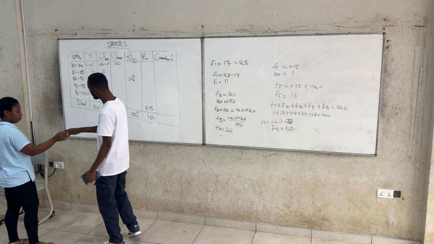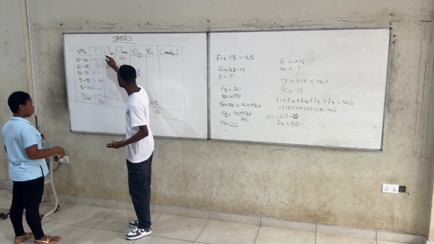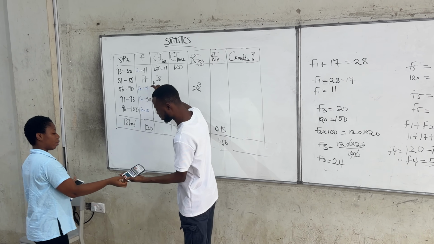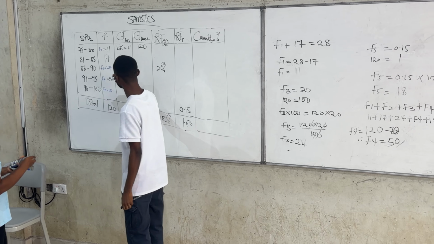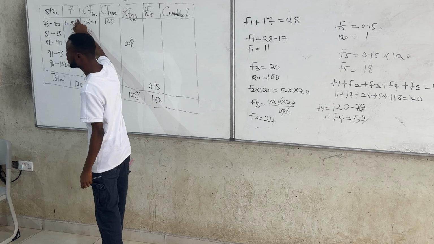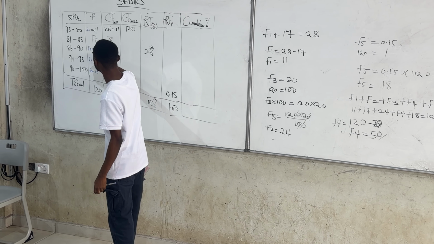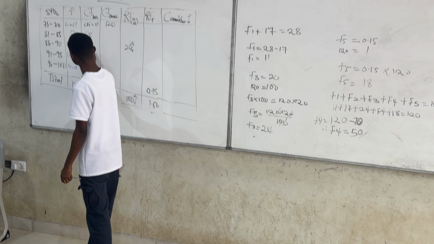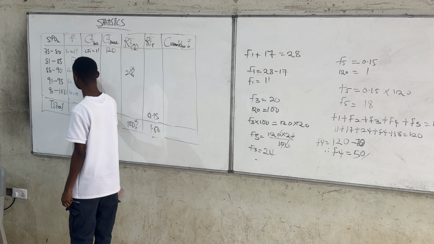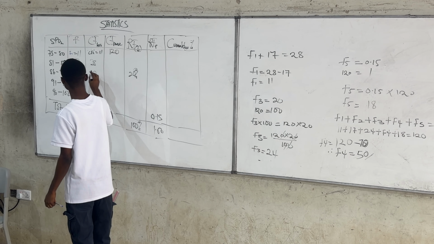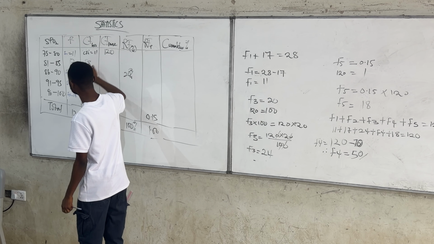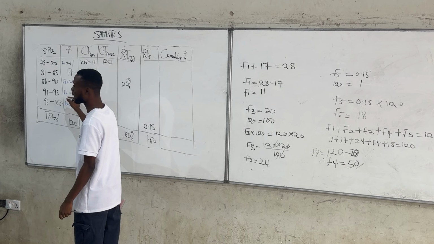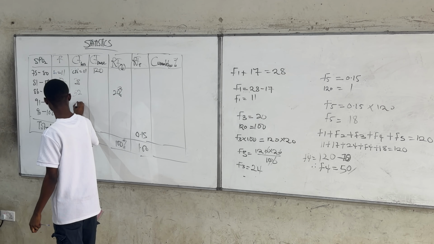So with this one, we can use the diagonal approach to solve it. So we know that we can add this and this, and we'll get this one. Or better still, you can just add 28 plus 24. It's going to give you the same value. So 52 plus 50 will be 102.